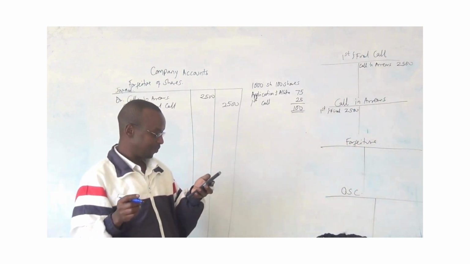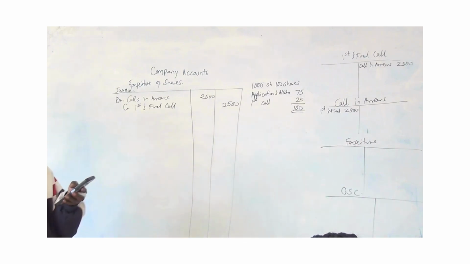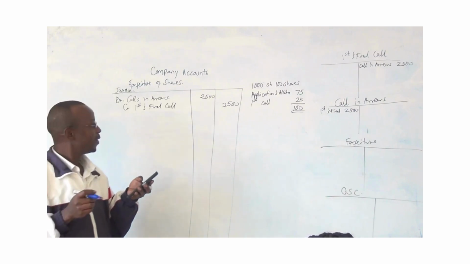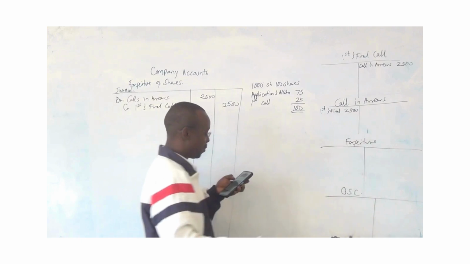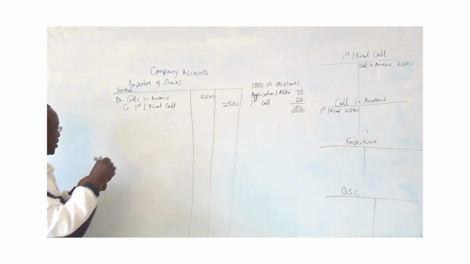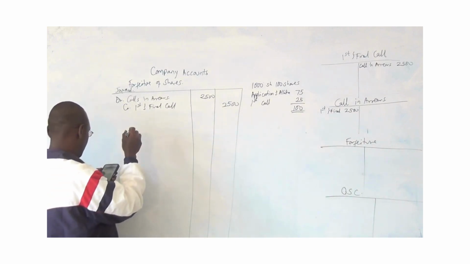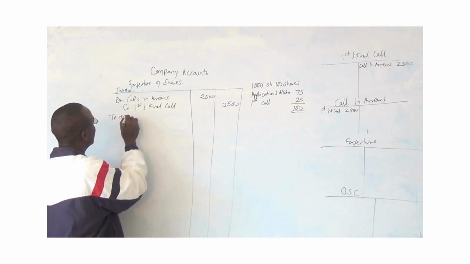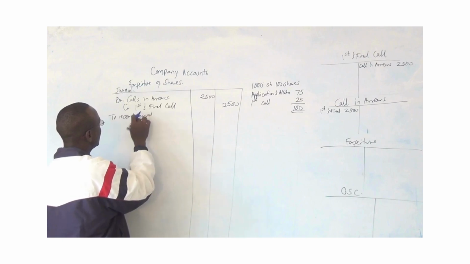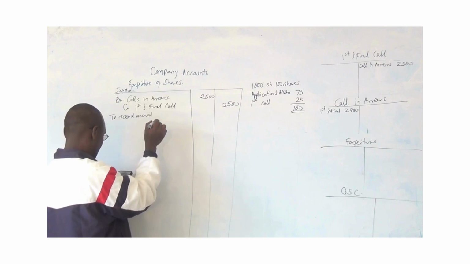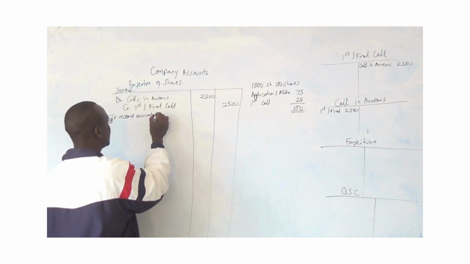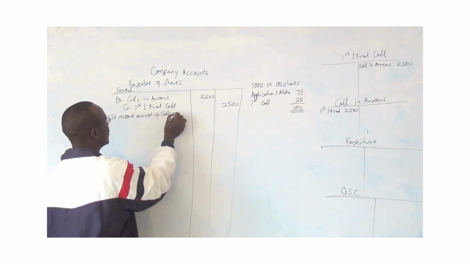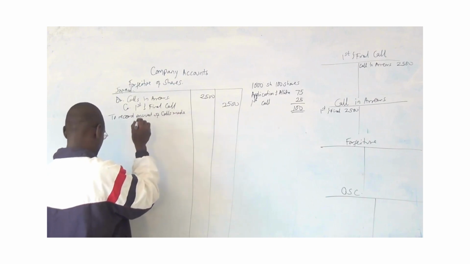Remember the calls in arrears account, then you debit. This one is to record accrual of calls made but not paid for.